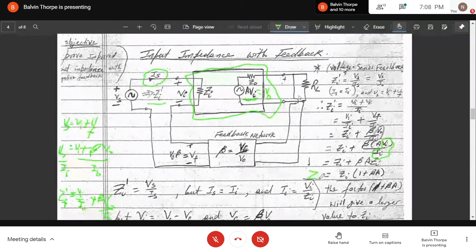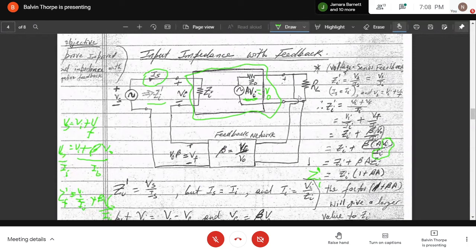Because this by itself, again, from what we know already, VI over II is also ZI. So what we're going to get is ZI plus beta AZI. And we can factor out ZI. So it becomes ZI into 1 plus beta times A. So that's ZI prime.